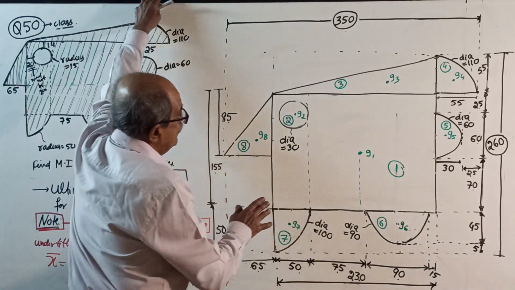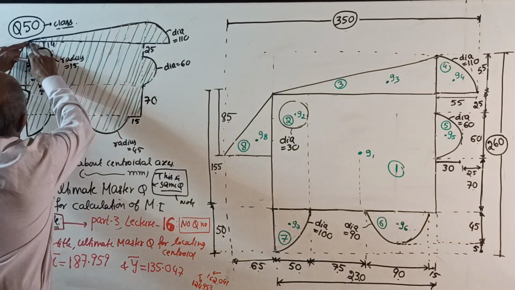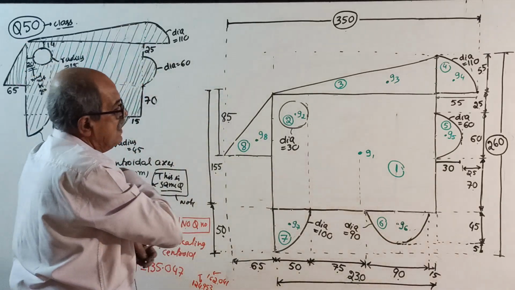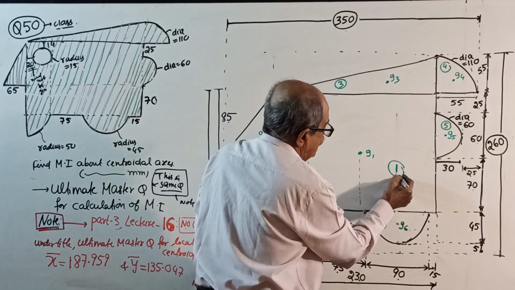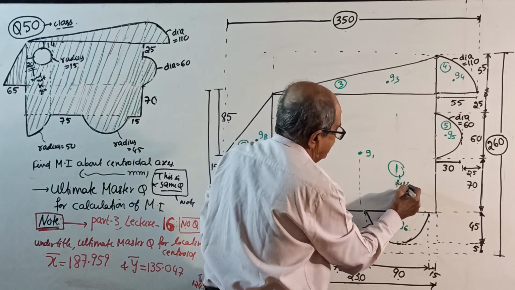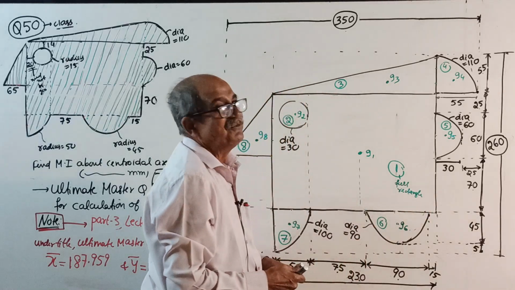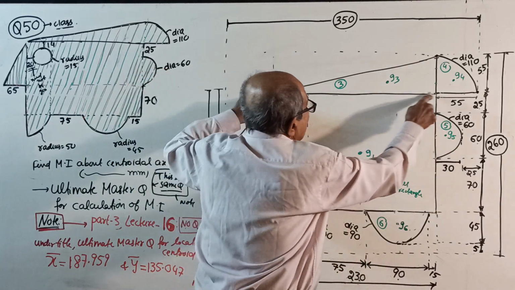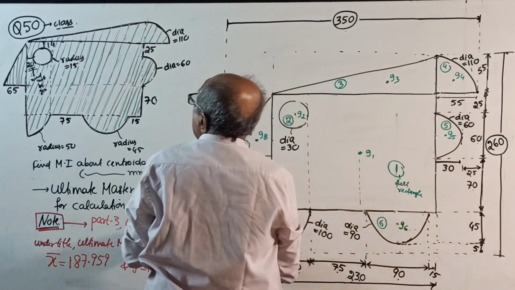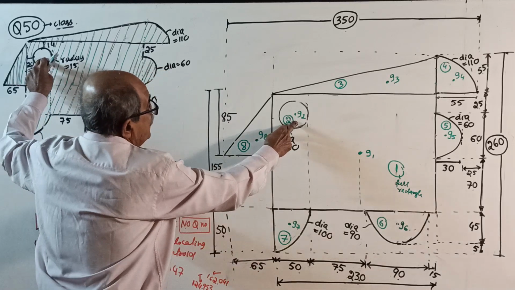Okay. Now, see, this full rectangle, I will take 1. So 1 is, remember, full rectangle. What is full rectangle? There is only one rectangle. Okay, full, this is 1. Then, this circle cutout, I will take 2.